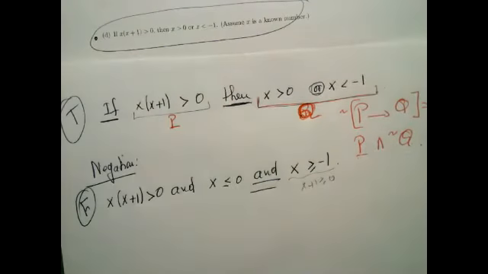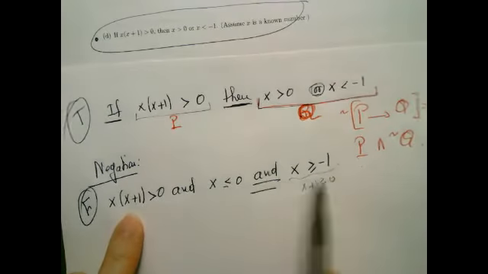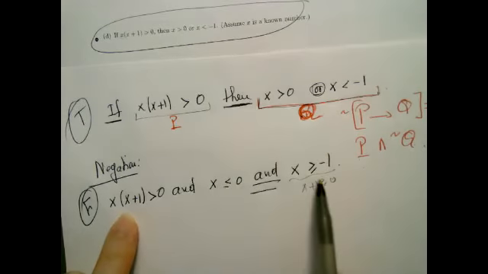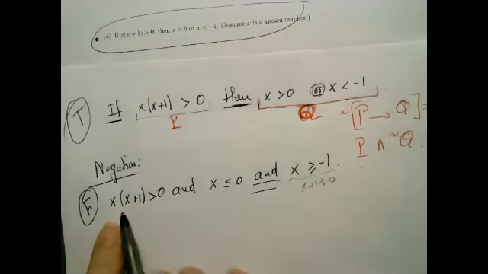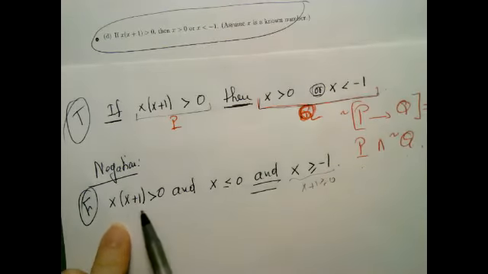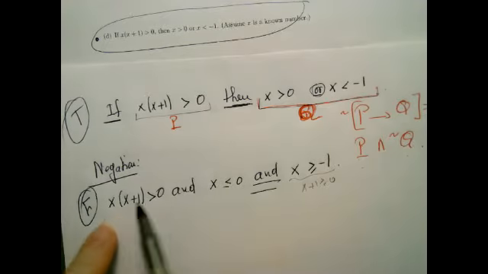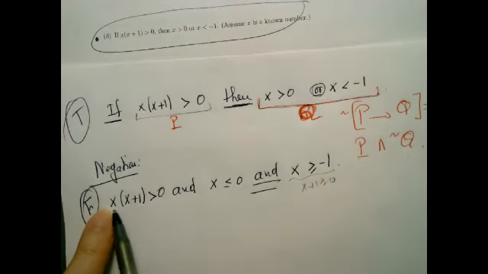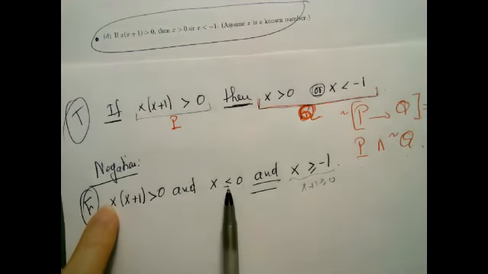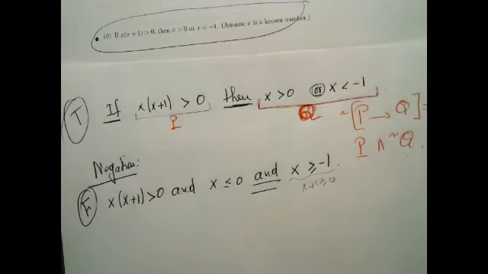That means the original statement is true. You can't have X negative and X plus 1 positive and the product positive. If the product is positive, it means either both are positive or both are negative. So you cannot have one negative and the other positive.